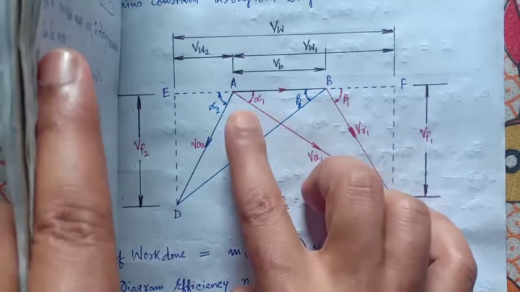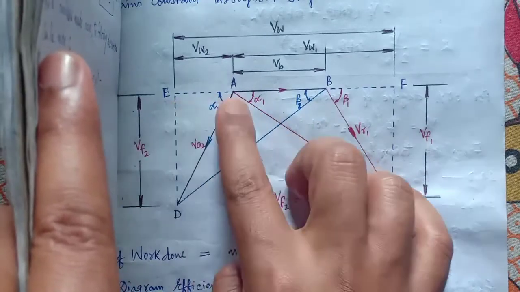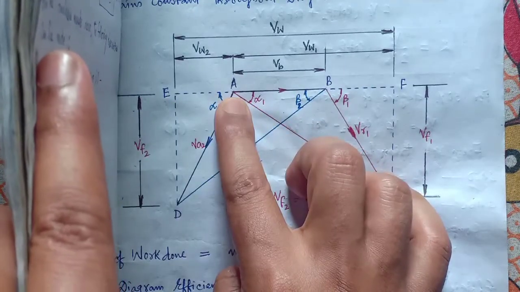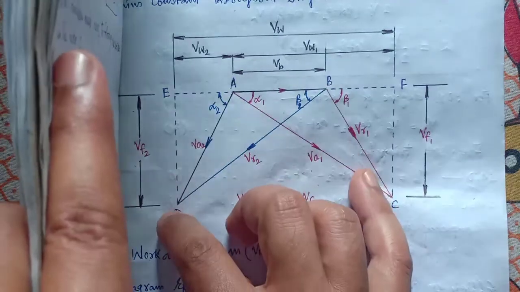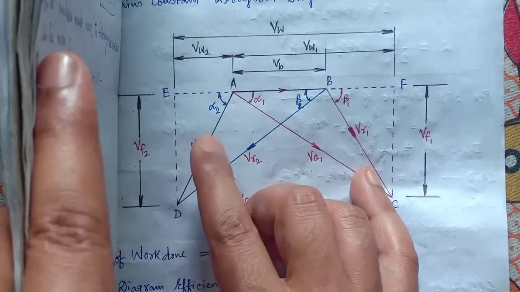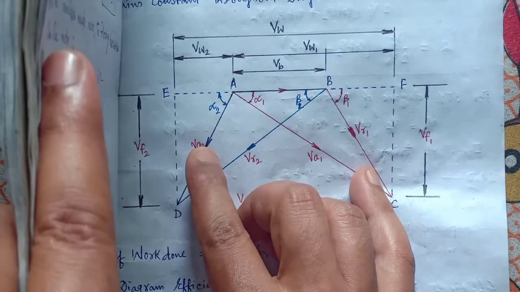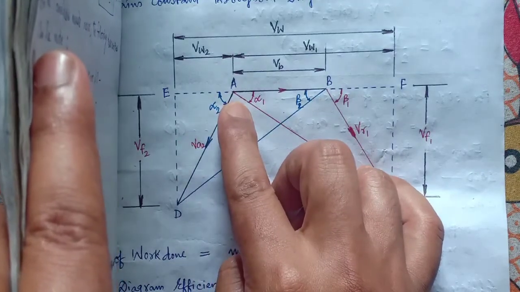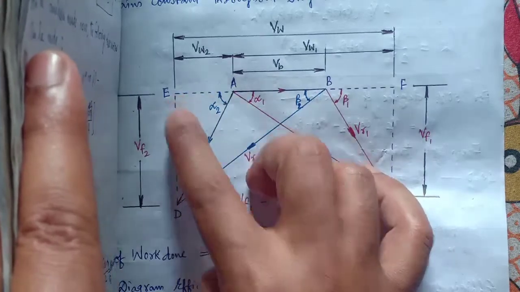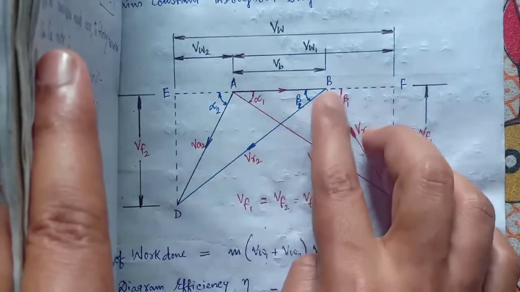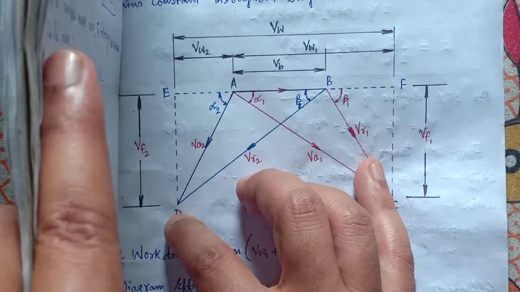And EA can be written as VF2 cot alpha 2, applying the cot principle for triangle AED and triangle BED.